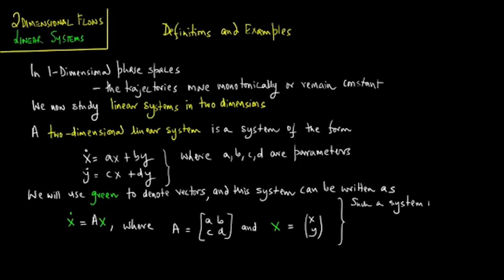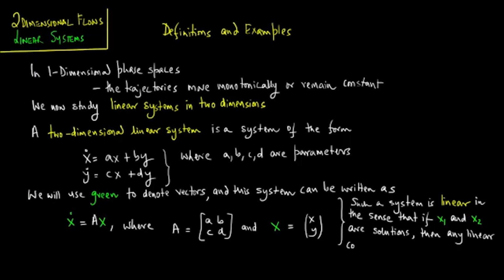Now such a system is linear in the sense that if x1 and x2 are solutions, then any linear combination c1 x1 plus c2 x2 is also a solution.